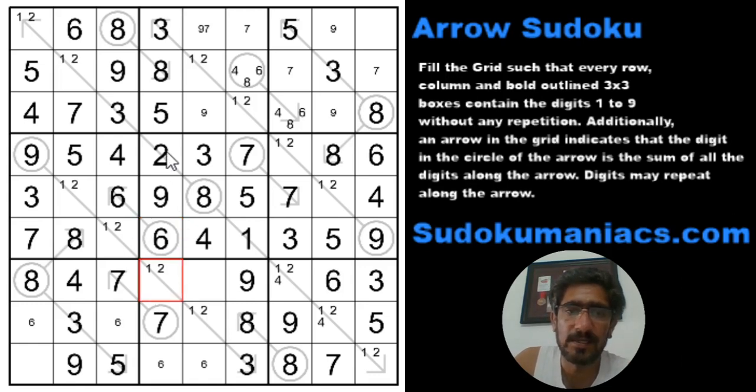So this cannot be a 2 because of this. So 1 and a 2. Oh, I have a 1 and a 4 here. So this has to be a 2. This becomes a 4. This is a 1. It's a 2, 2. This becomes a 2, 2, 1, 2, 1.